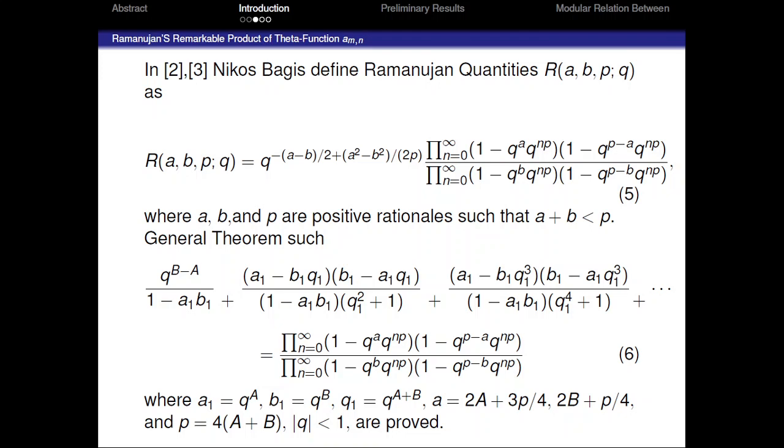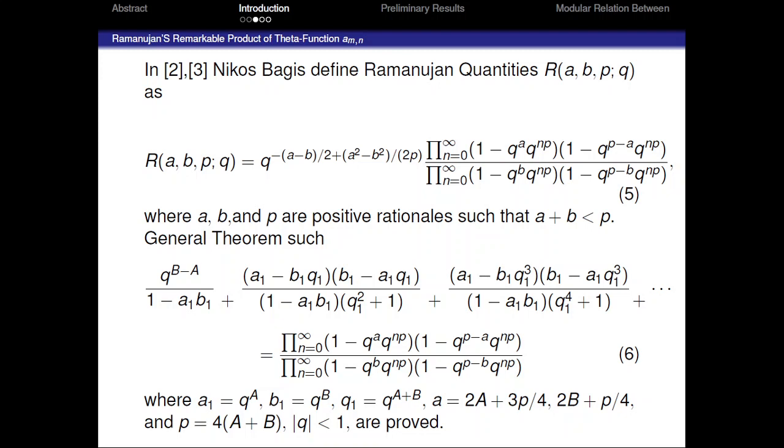And the general theorem such that q^(b-a) divided by 1 - a1 b1 plus (a1 - b1)(b1 - a1 - q1) divided by (1 - a1 b1 q1^2) plus and so on.